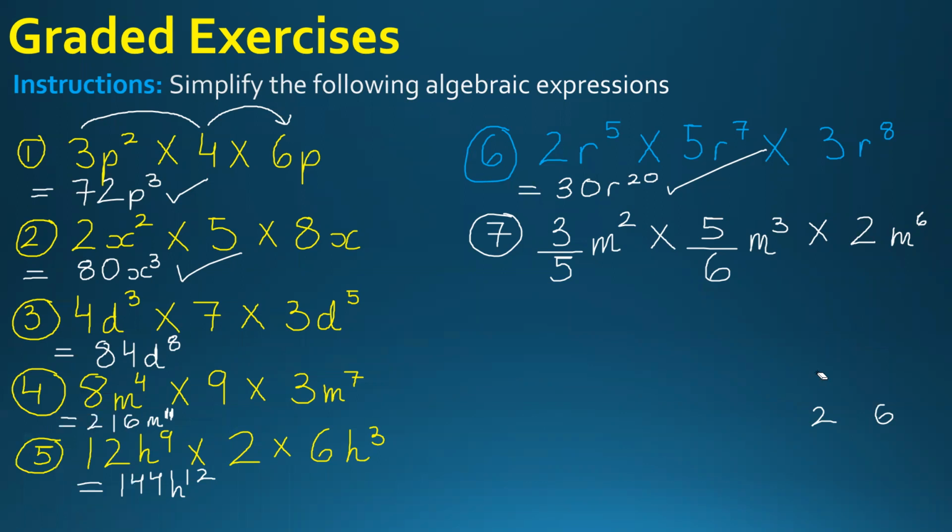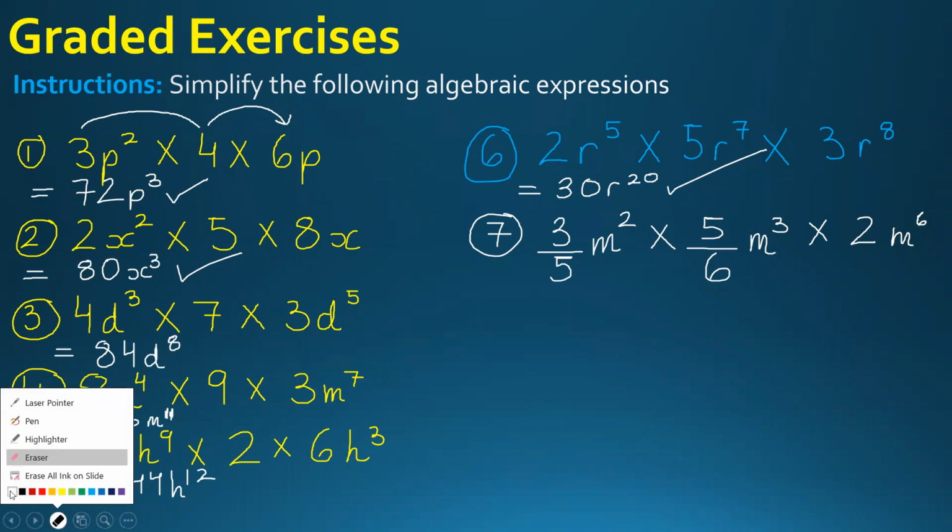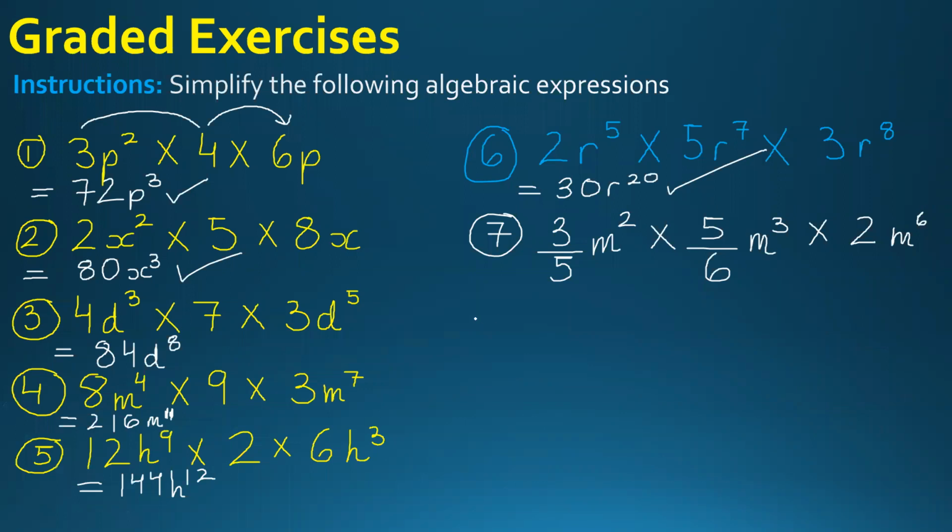Okay. Go ahead, Naya. First, I turned all of the fractions into decimals. Oh, you went that way. Okay. So 3 divided by 5 is 0.6. And then 5 divided by 6 is 0.83. And then 0.6 times 0.83 times 2 is 1 if you round it.